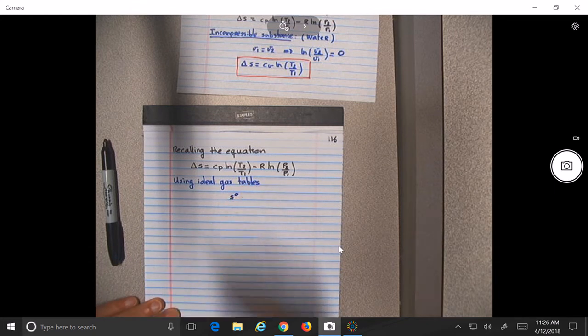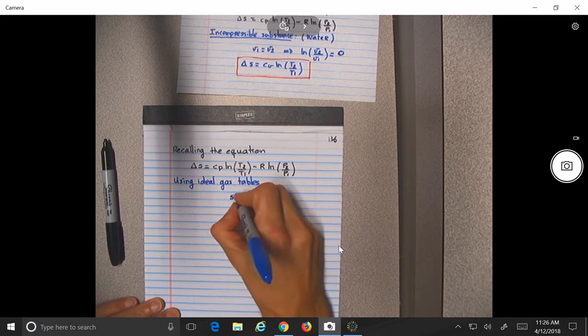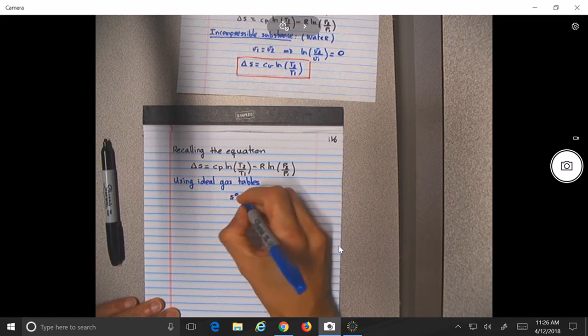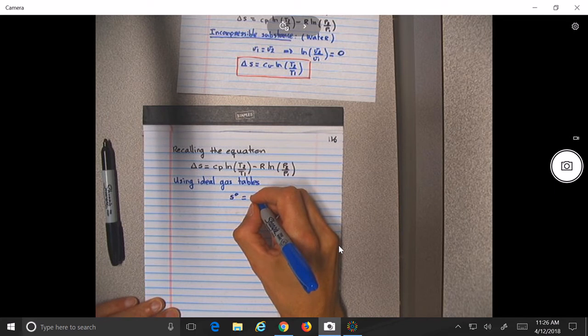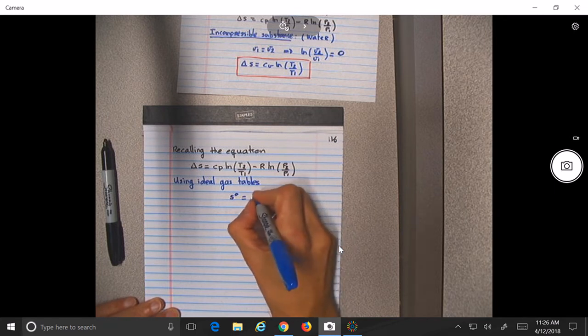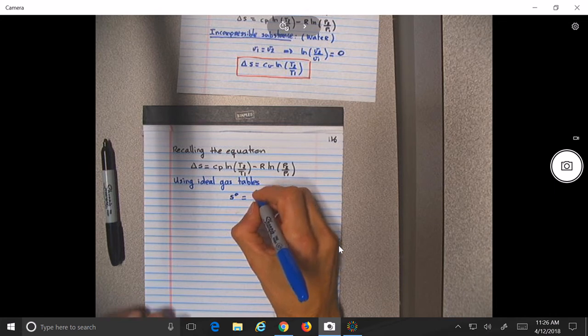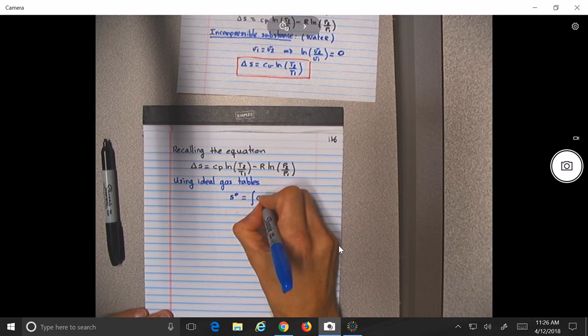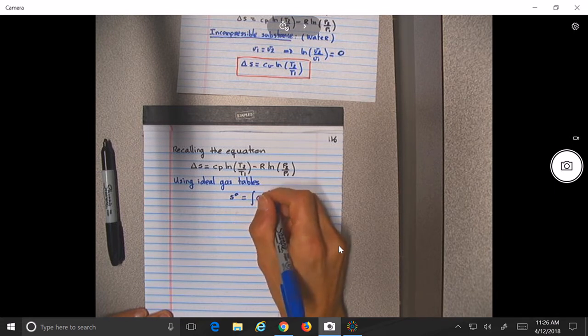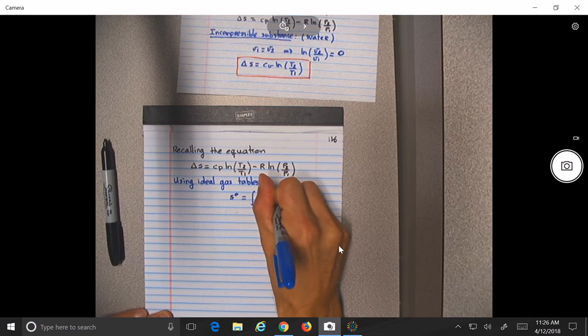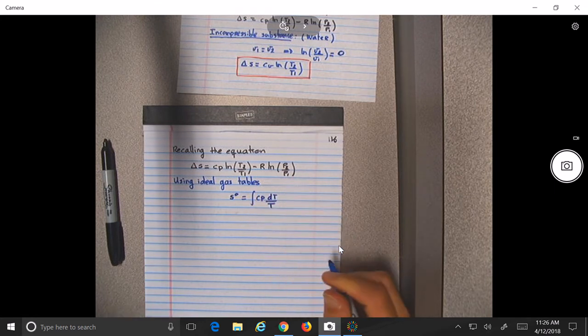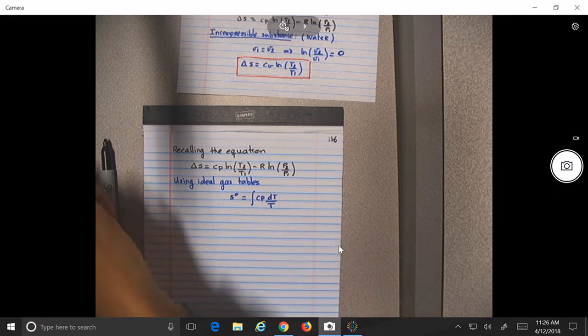S upper sub o, as the integral of Cp dT over T. Okay?